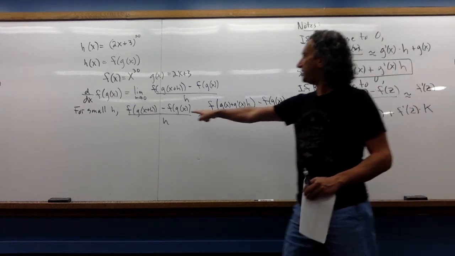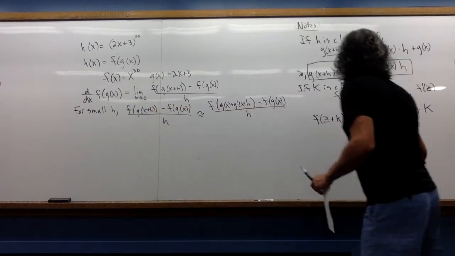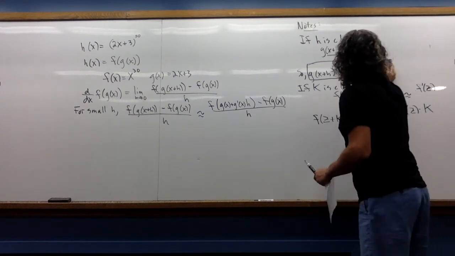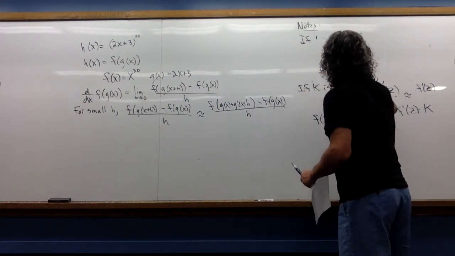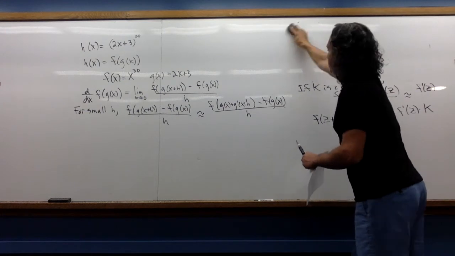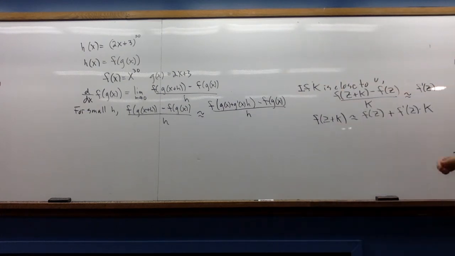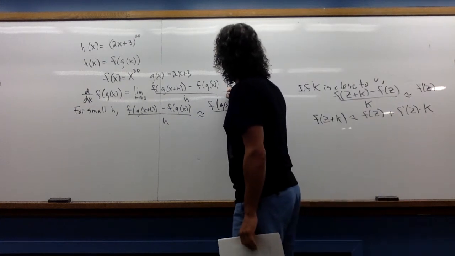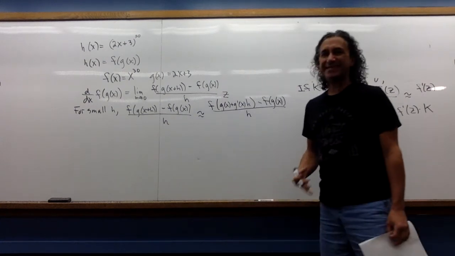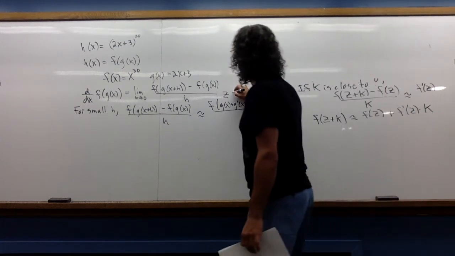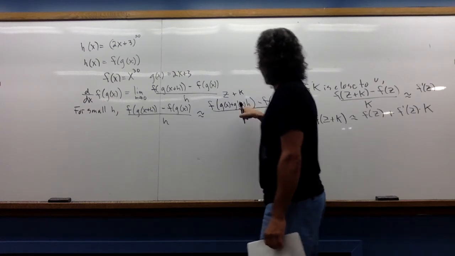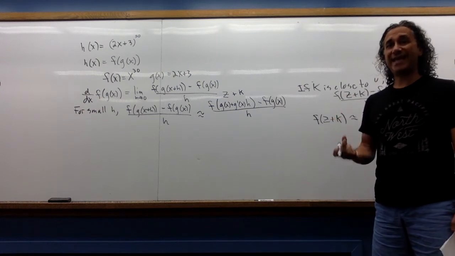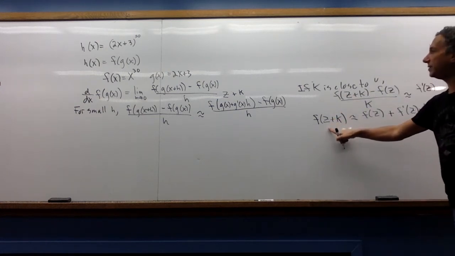Okay, so this is approximately this. So let me get rid of this stuff so we just have a little bit less to look at on the board. All right, so what I'm going to do now is I'm going to call the g of x, I'm going to call that z. And I'm going to call my g prime of x times h, I'm going to call that product k. So let's look over here.